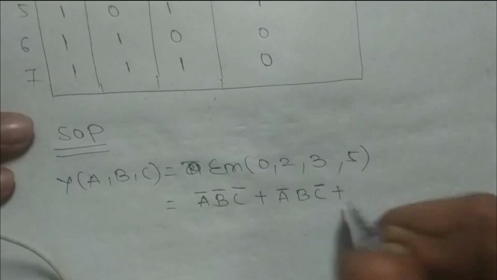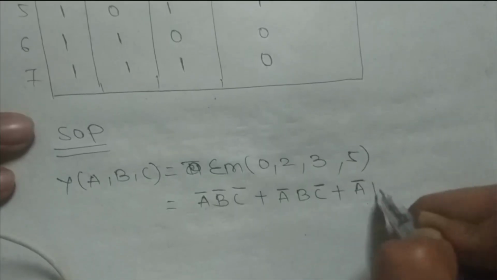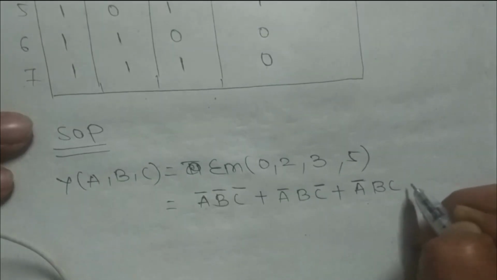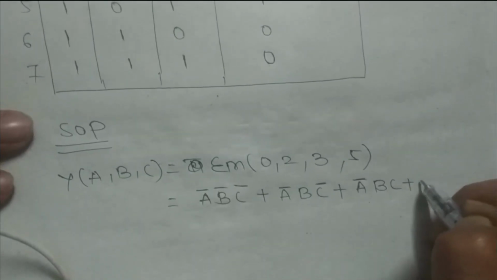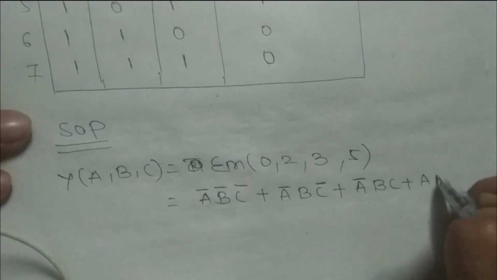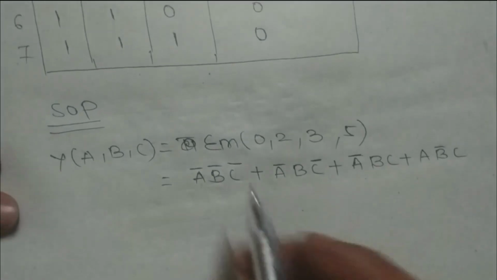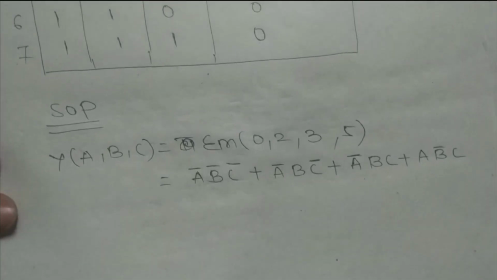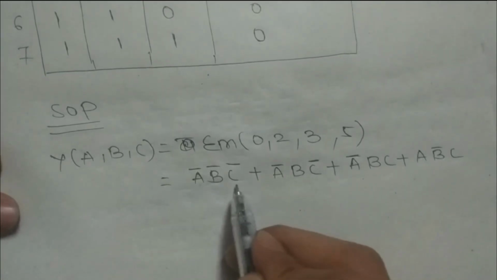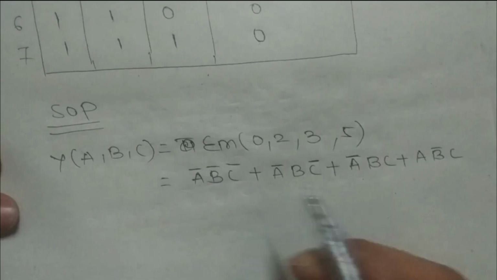For 3 it is A bar, B, C. And for 5 it is A, B bar, C. Here A, B, C are the variables where A is the MSB and C is the LSB.